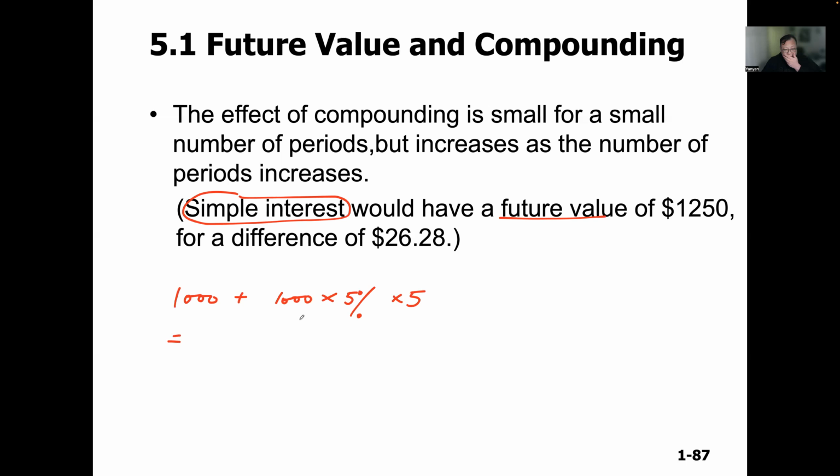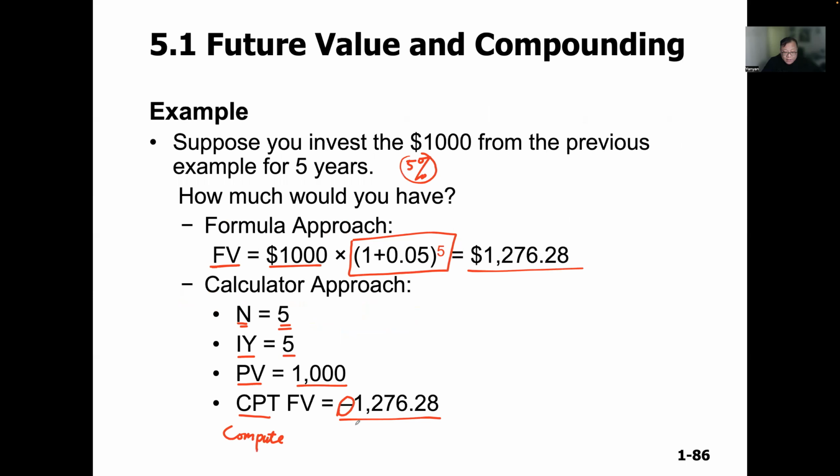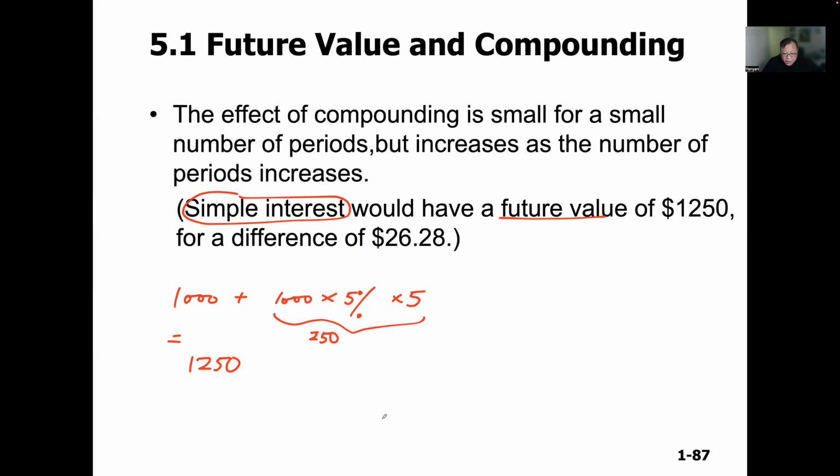So this part gives me $250 in simple interest. So my future value with simple interest would be 1,250. But the future value with compound interest is 1,276.28.